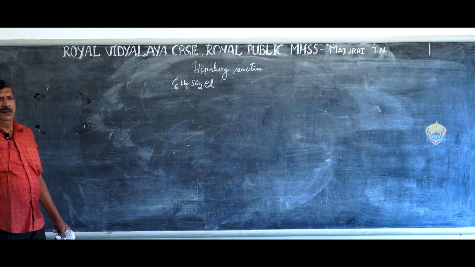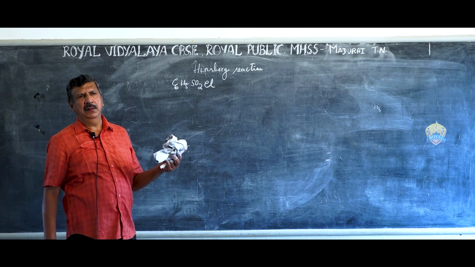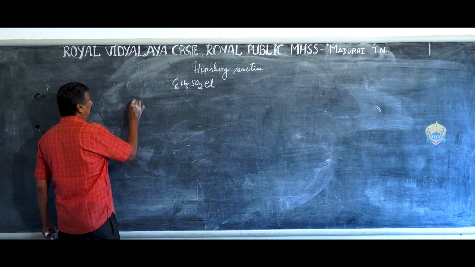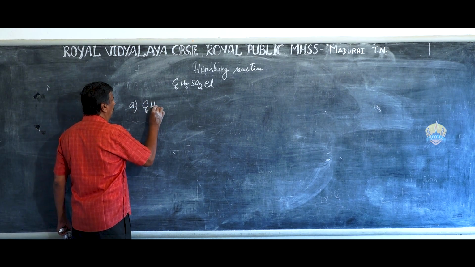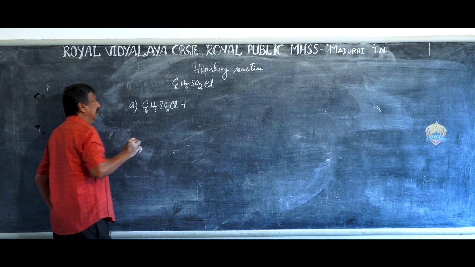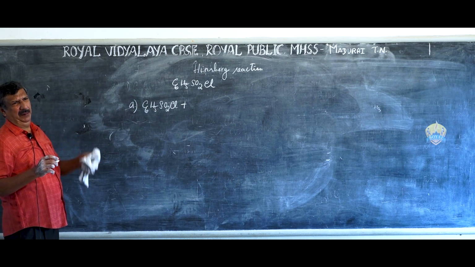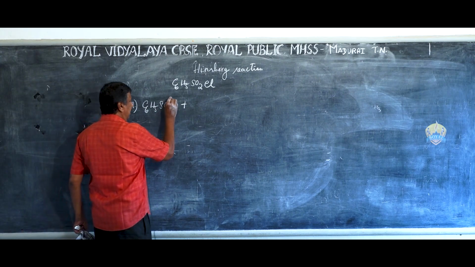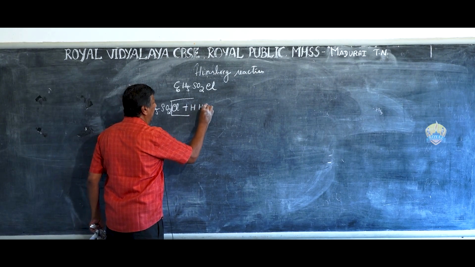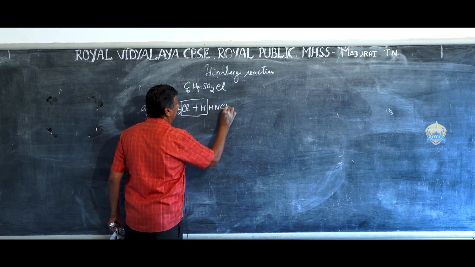This is the reagent used in this reaction. First, we are going to see this for primary amine. Primary amine is ready to give hydrogen, since the chloride is ready to leave.